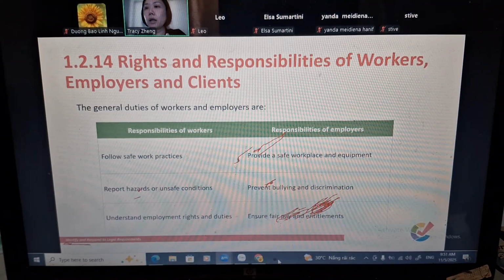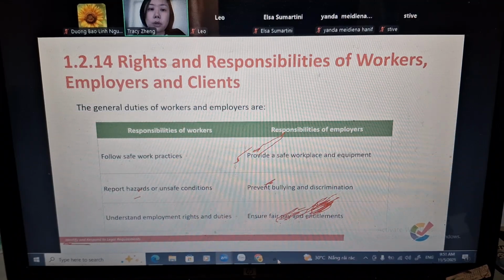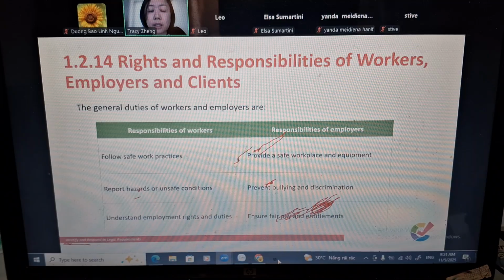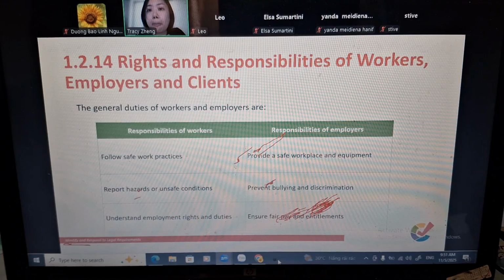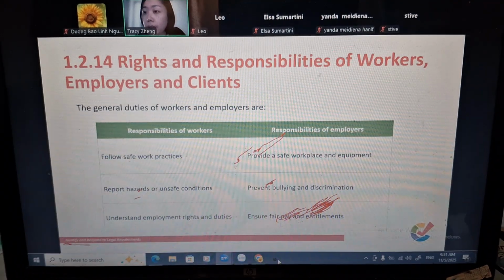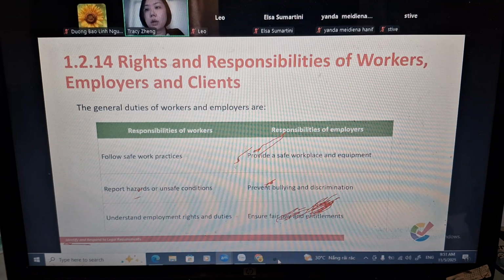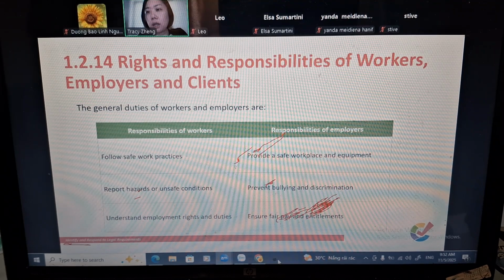And also there are a lot of responsibilities as an employer. They do have the responsibility to provide a safe workplace and equipment to all of the staff, okay? And also the client as well. If the client is required to have a wheelchair, you can't say, oh, because I have no budget, I can't purchase those equipment.